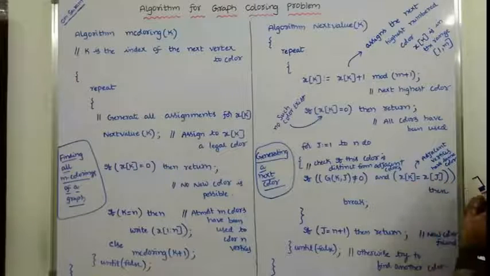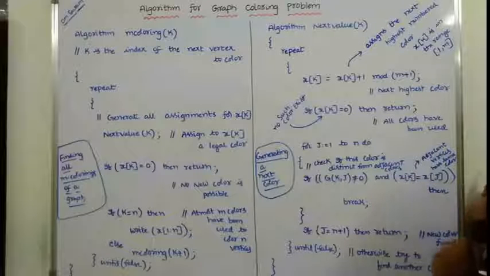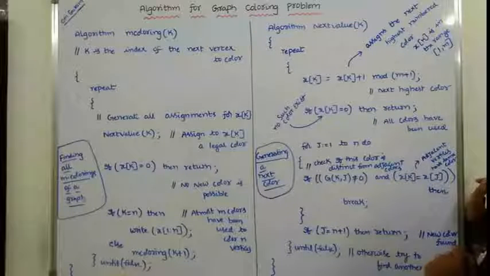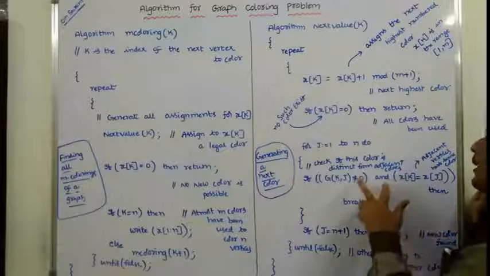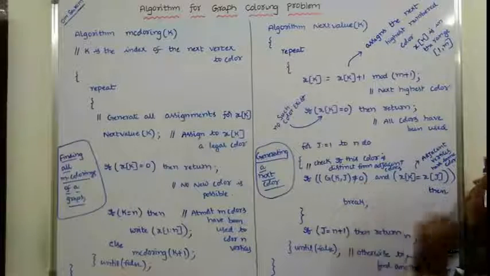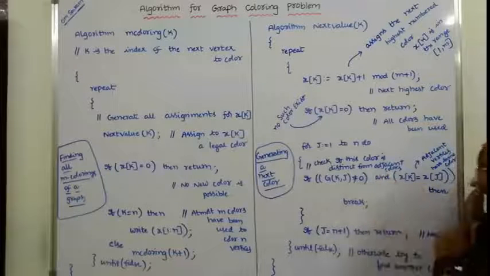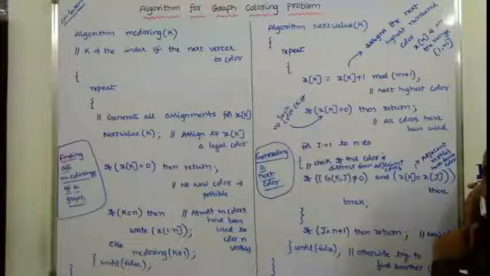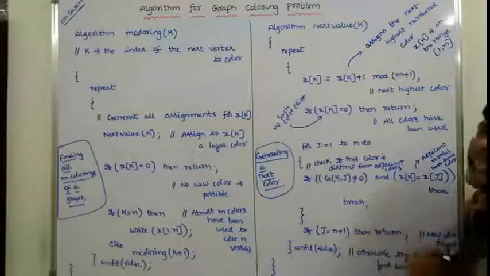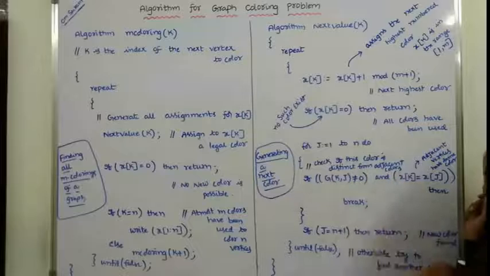Now we have to check whether the same color is used for both vertices k and j. If these two conditions are true, then we go to the break. If one condition is true and another is false, then we increment the j value. So this procedure is repeated.